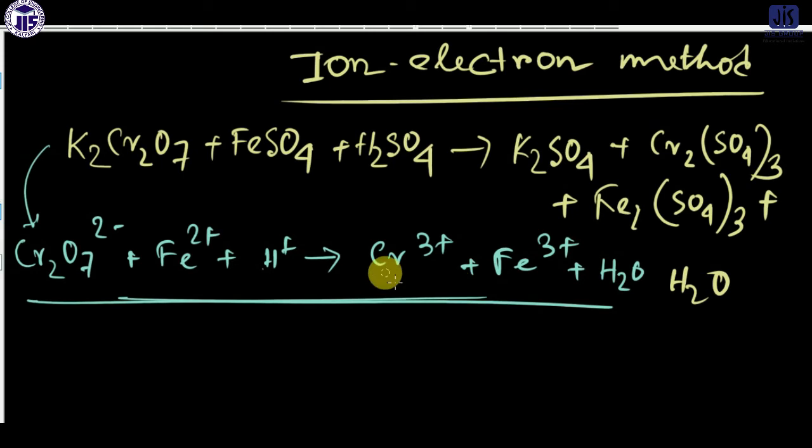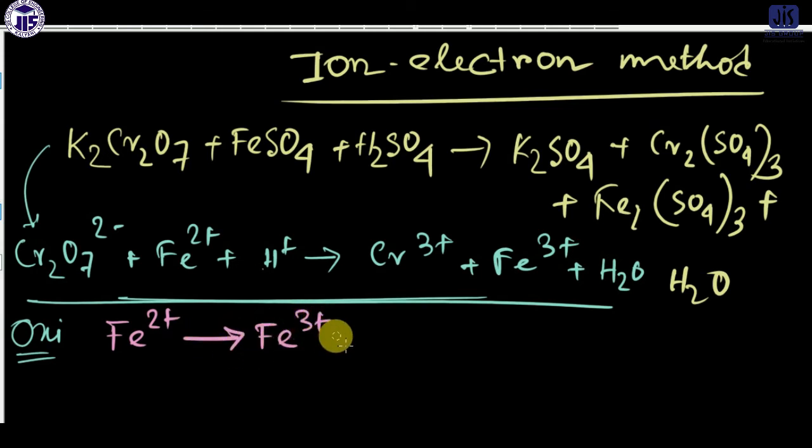Now the oxidation half reaction. What will be the oxidation half reaction? I think it is clear that the oxidation half reaction will be Fe2 plus going to Fe3 plus plus e.